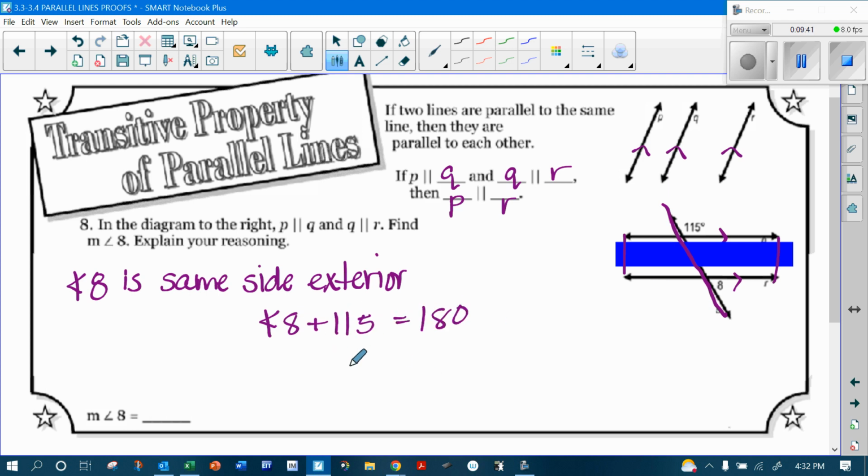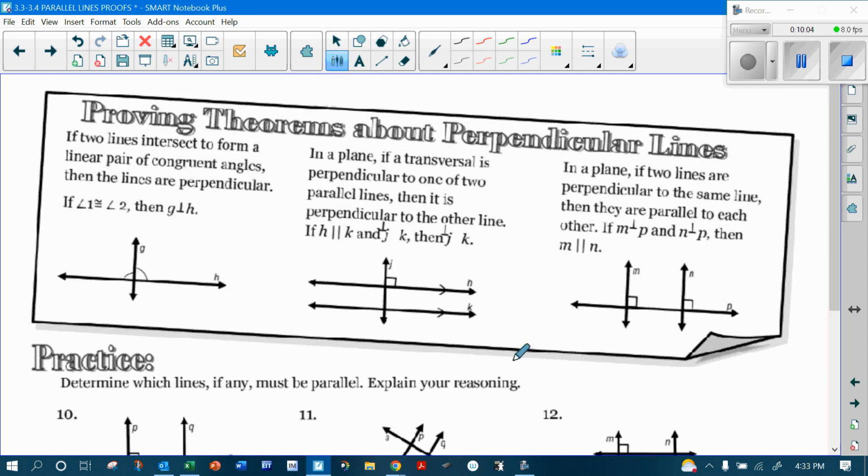So subtract 115, and angle 8 is 65. We also know that this one's 115, and these two are a linear pair, so that makes this one 65 also. So you could look at it 2 or 3 different ways. Either way, I like to go for same side exterior.